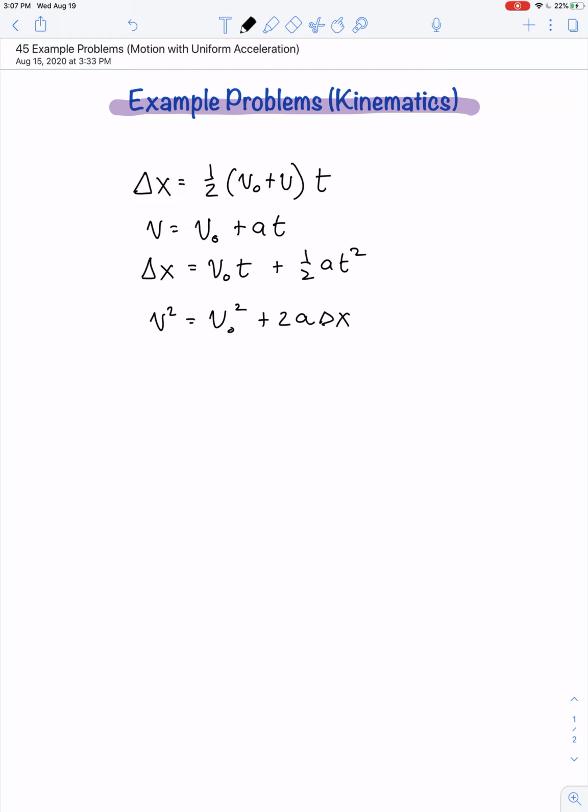Okay, a key to all these equations that was stated earlier, but I don't want you to forget, is these equations are only valid if acceleration is constant or uniform.